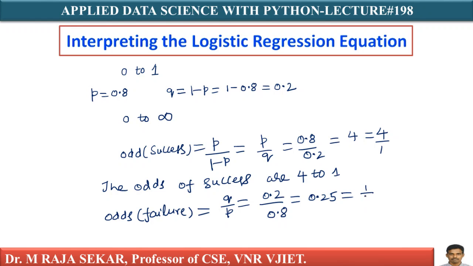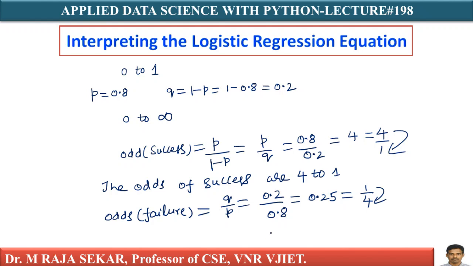I can write it as 1 by 4. I will repeat. This looks a little strange, but it is really saying that the odds of failure are 1 to 4. This is 4 to 1, this is 1 to 4. What does it say? The odds of success and odds of failure are just reciprocals of one another.